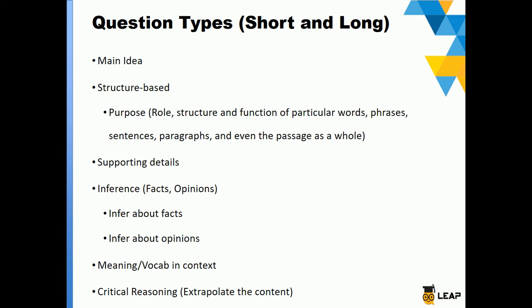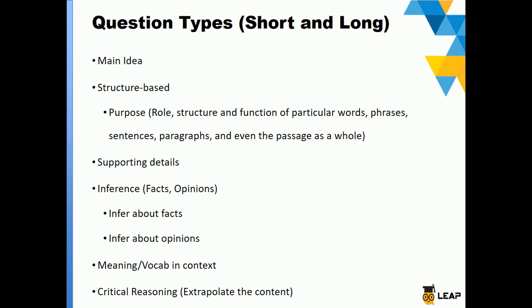The next question type is inference, which includes inference about facts and inference about opinions. So when you infer about facts, you make an inference about a fact, that is something that is a given truth in your passage. And in inference about opinions, you make an inference about an opinion of the author.